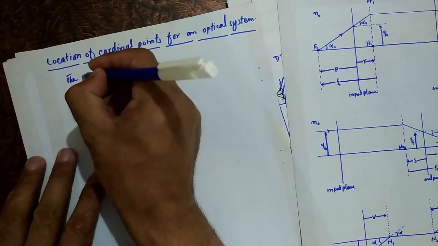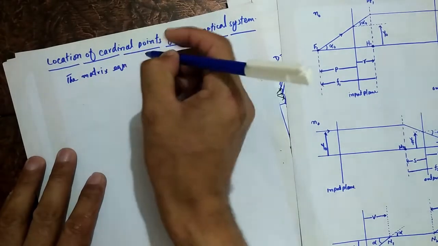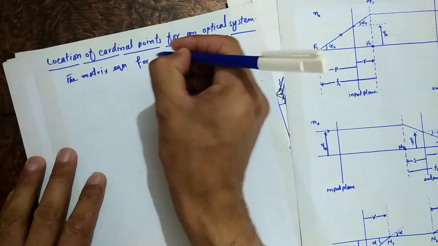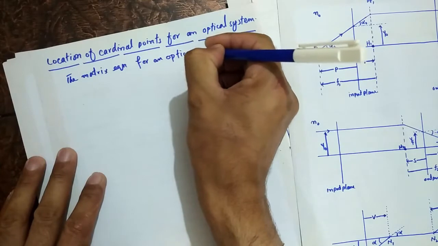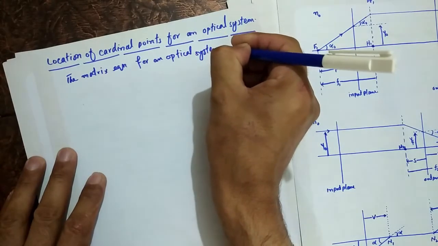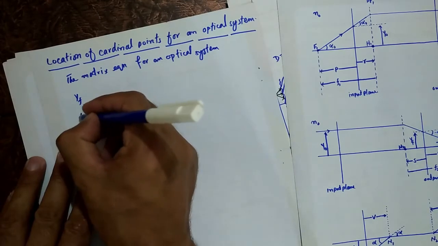We know that the matrix equation for any optical system is written as yf, alpha f.